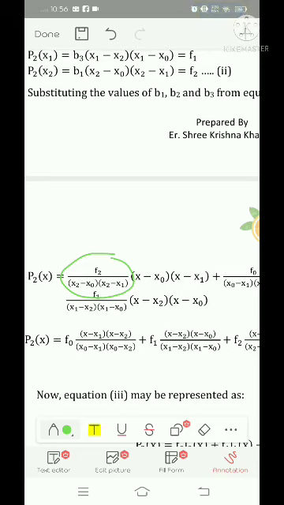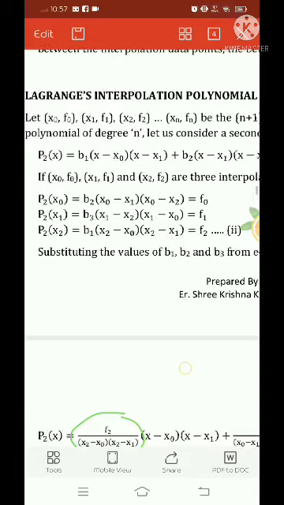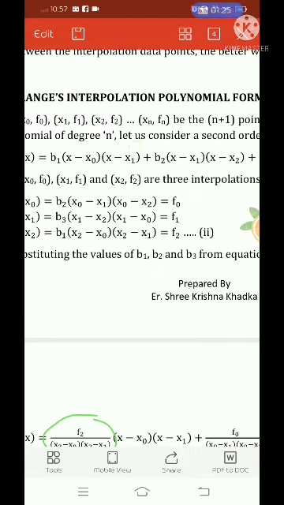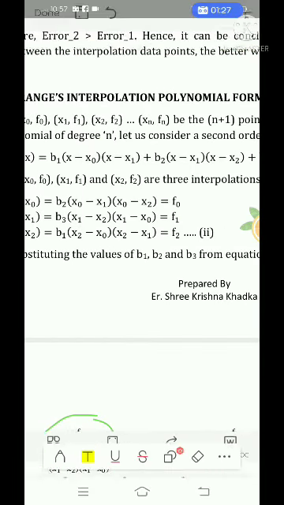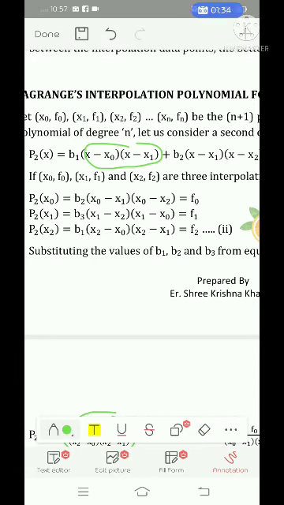Where does this one come from? If we go back here, class, in this part, x minus x sub 0 times x minus x sub 1. So we need to know the value of b sub 1. Using the interpolation, we have here the formula.